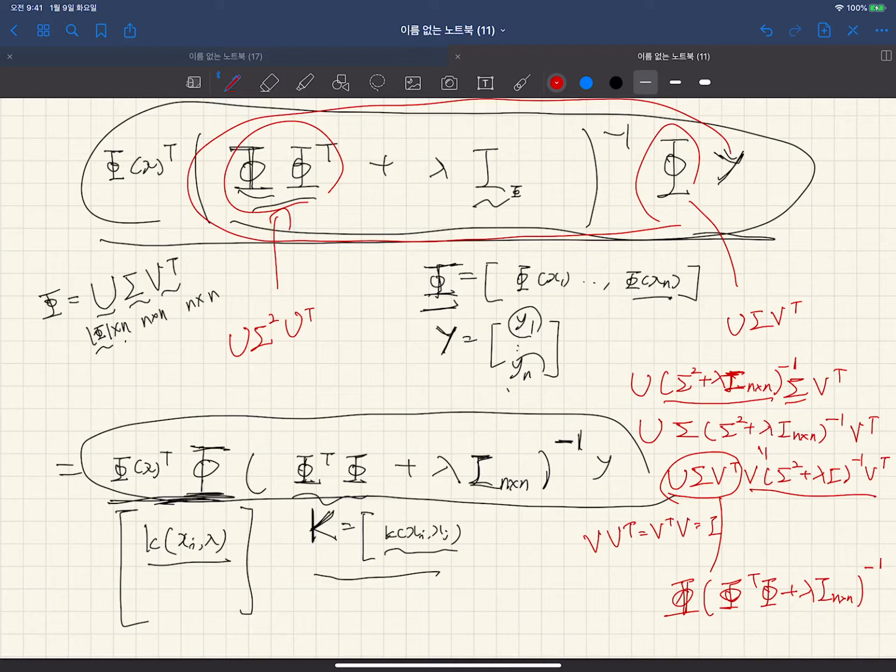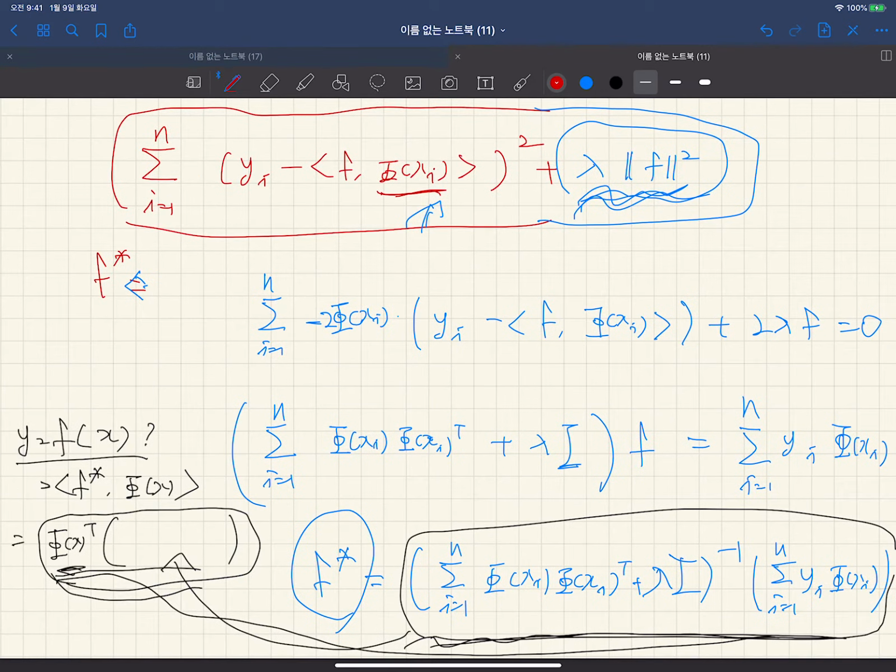Okay, good. So this is kernel ridge regression because we introduced the ridge cost function.